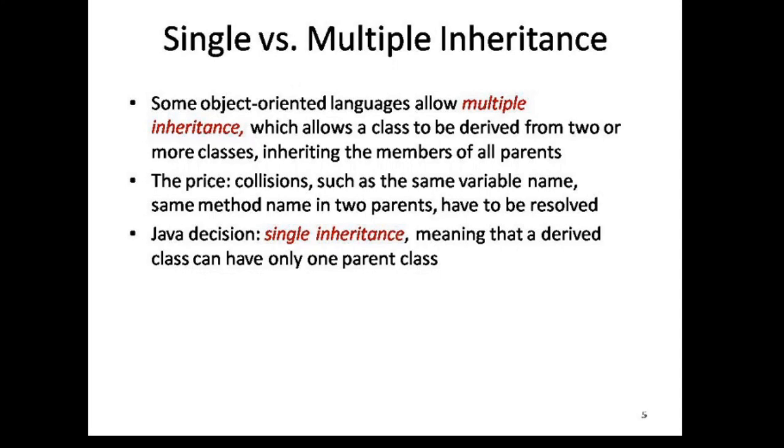Java decision: single inheritance, meaning that a derived class can only have one parent. So in Java there can be no multiple inheritance as far as classes are concerned, but there can be single inheritance or multi-level inheritance, and the classes cannot have multiple inheritance, but the interfaces can possess the property of multiple inheritance.